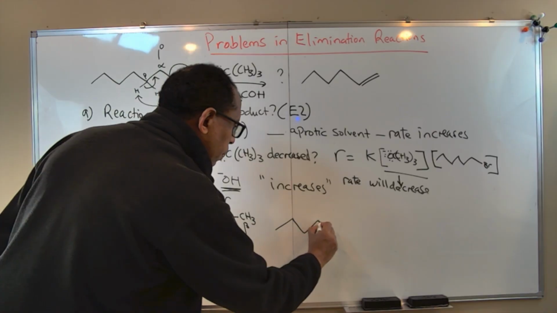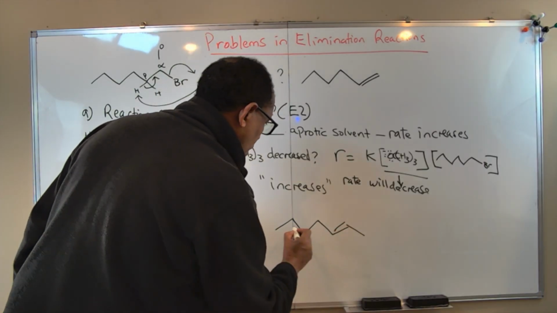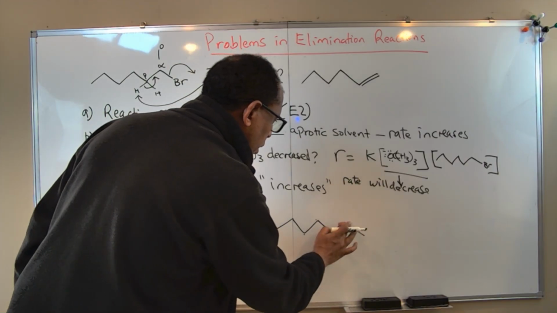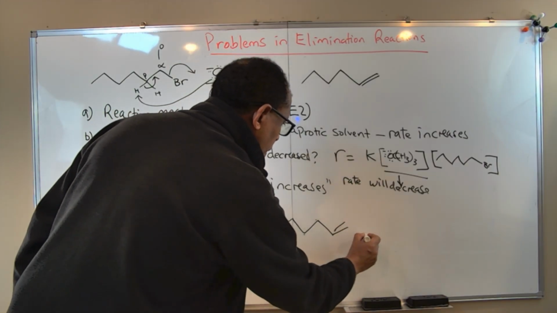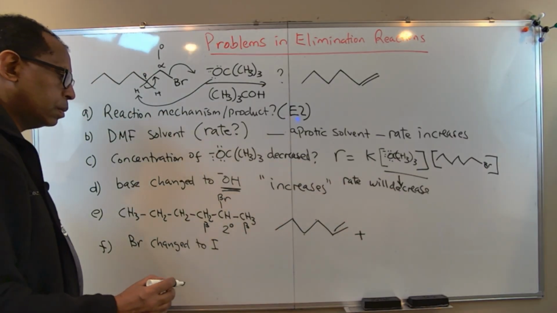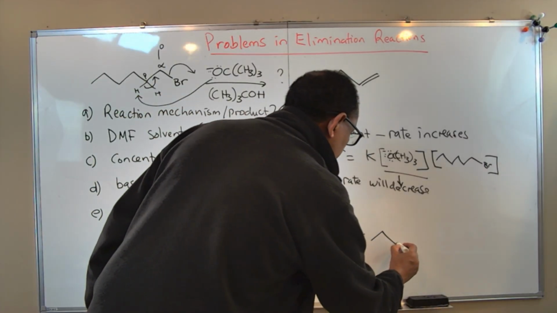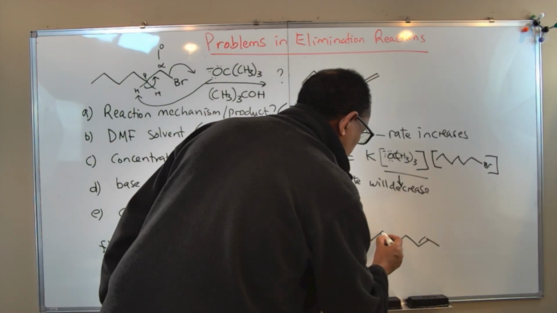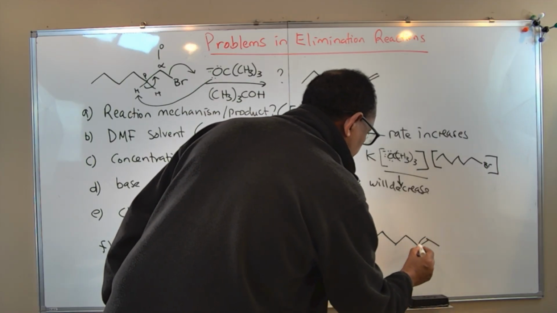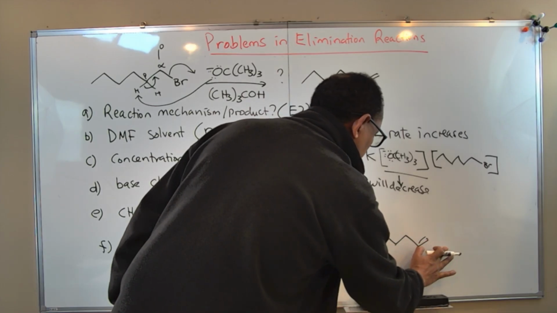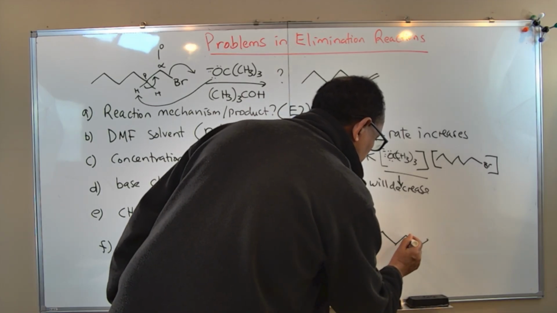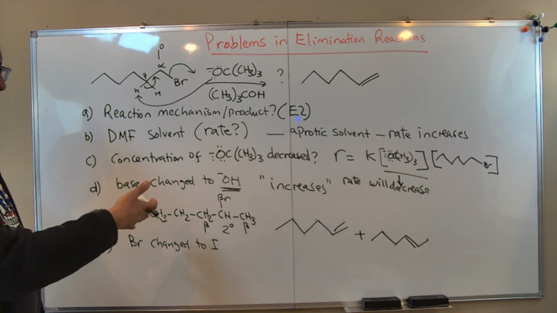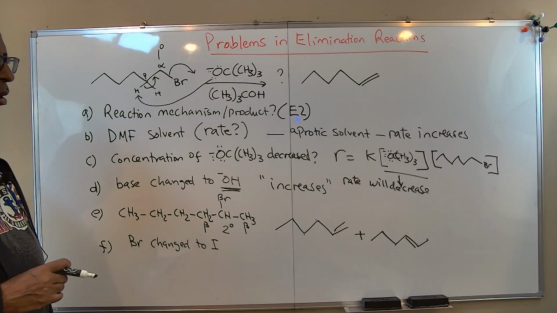One is this, 1, 2, 3, 4, 5, 6, plus this one, 1, 2, 3, 4, 5, 6. So you are generating two competing reactions.